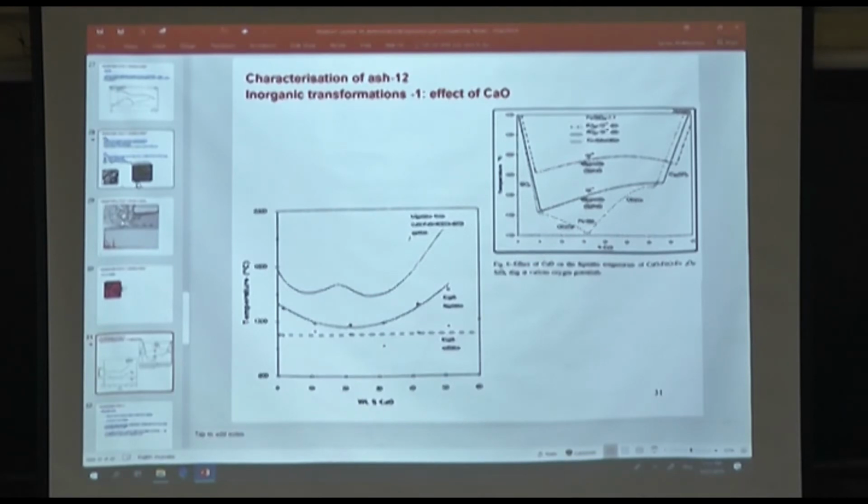But at the end of the day, what really matters? What really matters is, are you able to run your plant without problem for a long period of time? At the very least, it is categorically telling you what temperature zone to avoid. And if you stay below that, that's it.